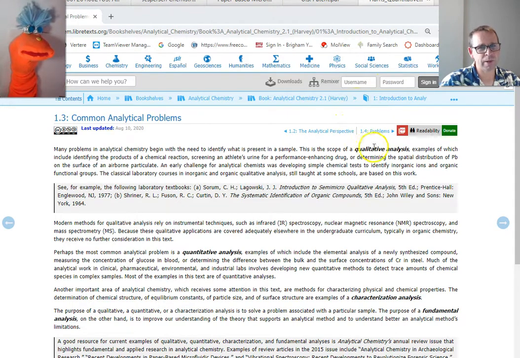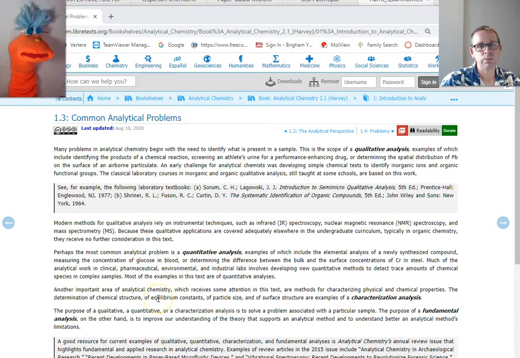Now, after we find that out, then we often will try to continue to develop methods that will give us quantitative information, right? But other times we'll be trying to look into the characterization of a sample, called characterization analysis.